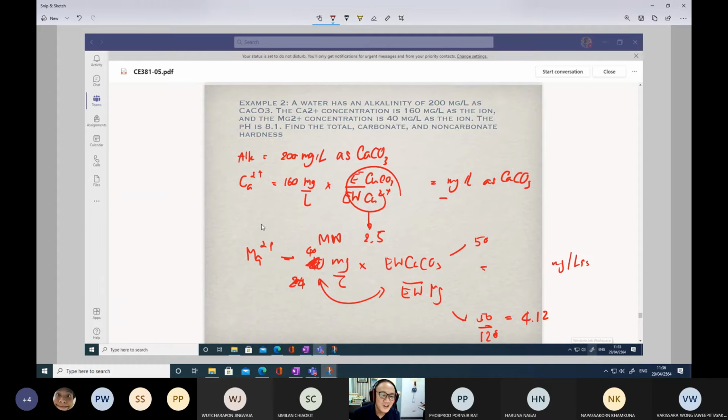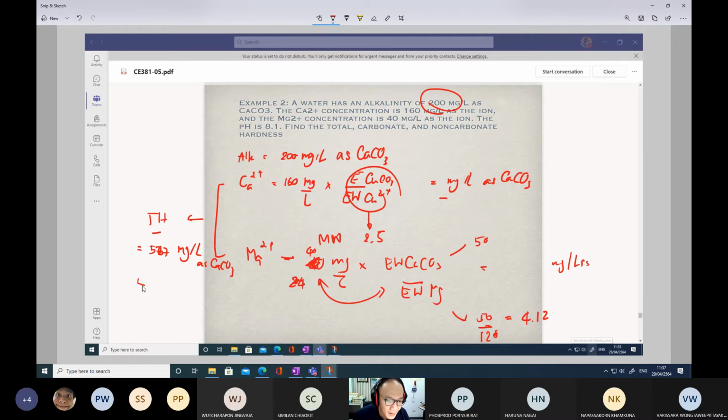Combination of these two will be the total hardness, and then the amount of the total hardness we get, you have to compare with the amount of the alkalinity. So if you do the same process, you will get the total hardness about 567 milligrams per liter as calcium carbonate.